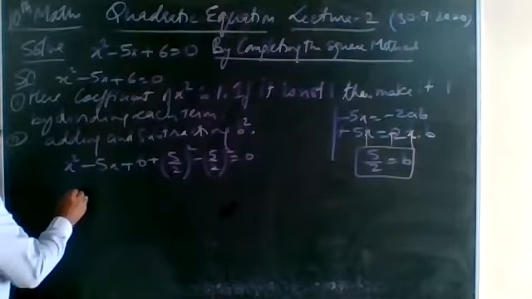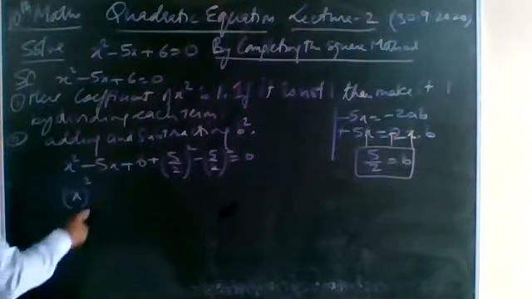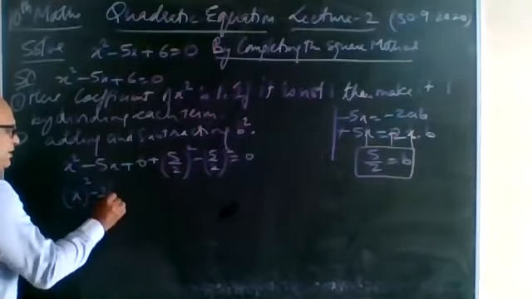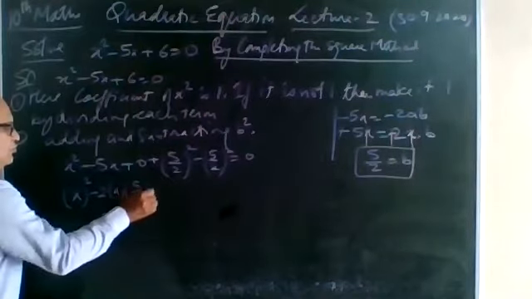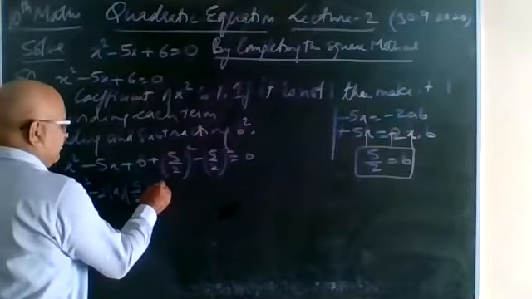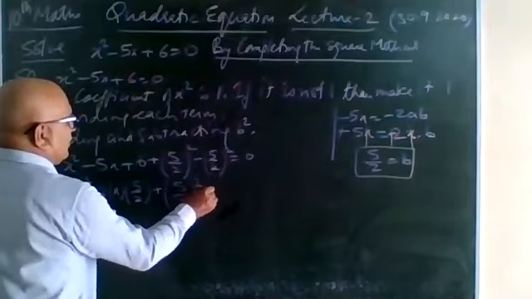Now x square is x whole square, minus 2 into x into 5 by 2, plus 5 by 2 whole square.